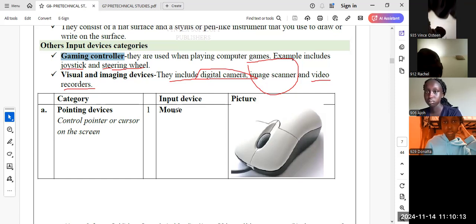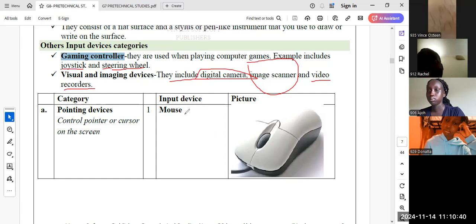If you have been on TikTok and you have seen people do TikTok videos, they usually use visual and imaging devices like the digital camera. Of course, most smartphones have digital cameras. They can take an image and record a video. That's why people take photos, record videos and post them on social media. A smartphone is a good example of a visual and imaging device.